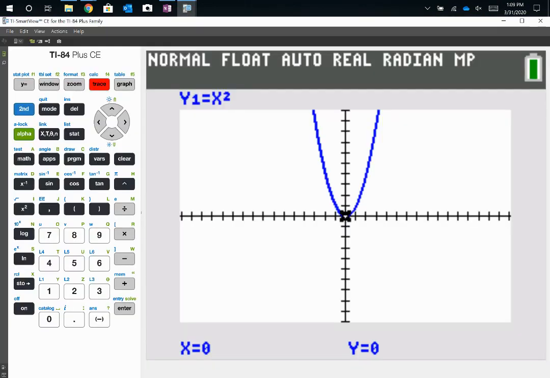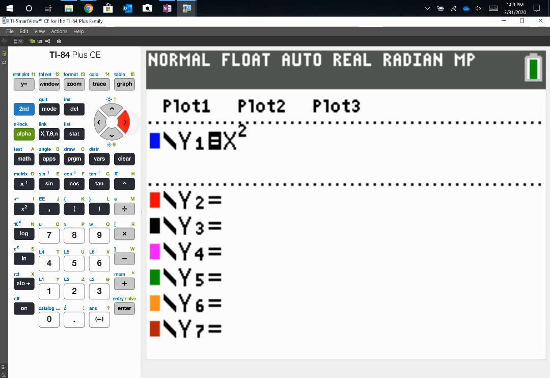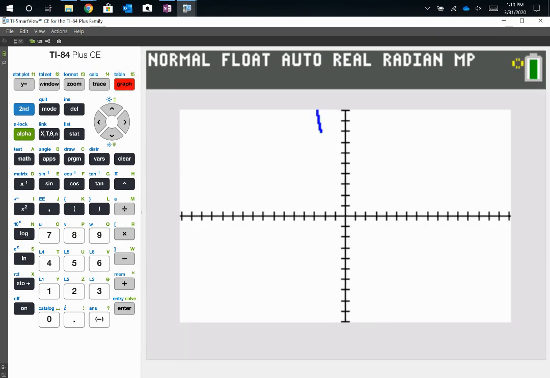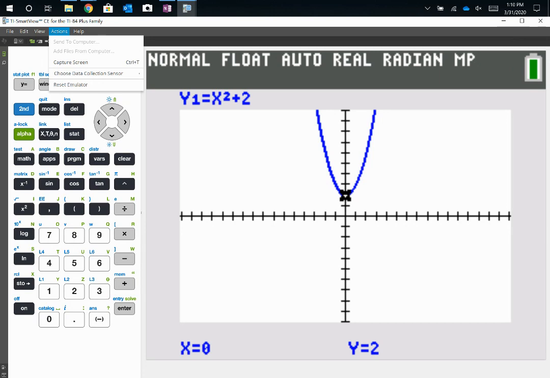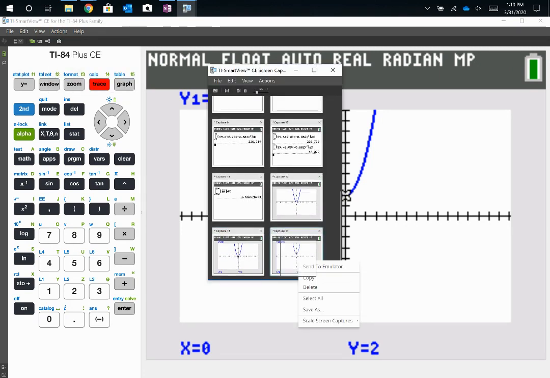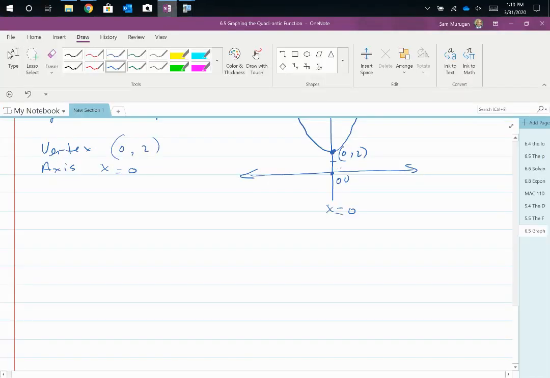If I graphed x squared plus 2, I would see the graph being shifted 2 places upward with the vertex at 0 and 2. So let me just put that into the notes so you can look at it a little closer.